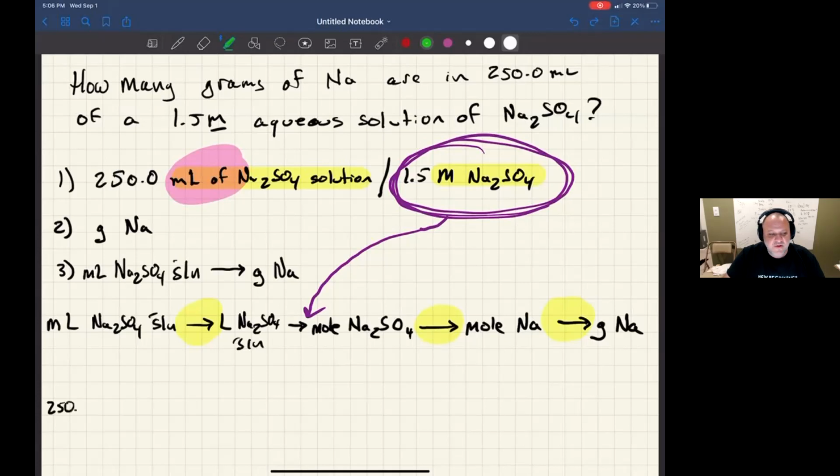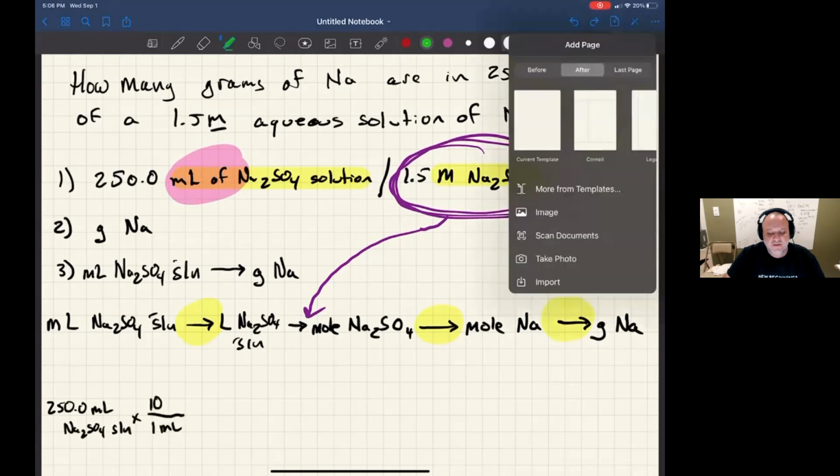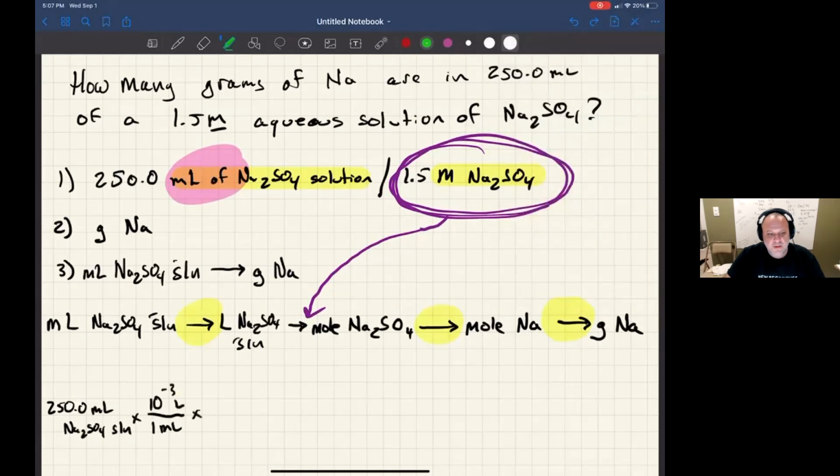So putting it together and working it out: 250.0 milliliters of the sodium sulfate solution times 1 milliliter per 10 to the minus 3 liters, times 1 liter of solution is 1.5 moles of sodium sulfate. That's the molarity. That's how we use this.